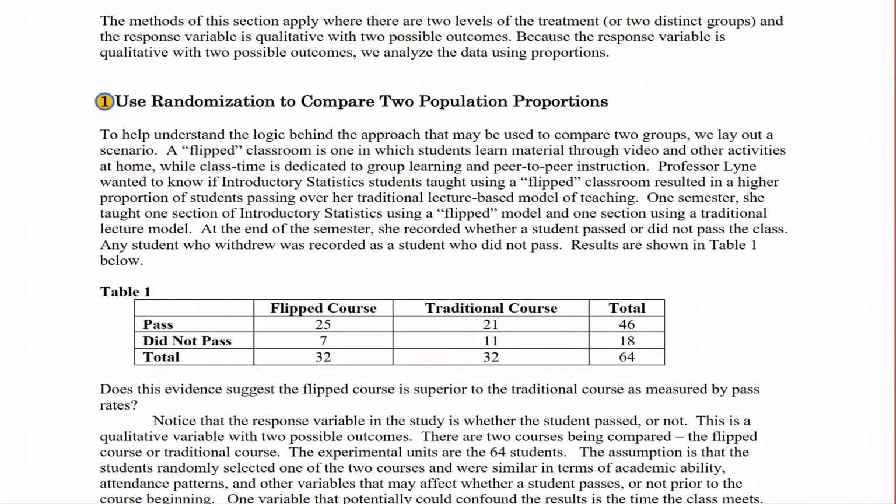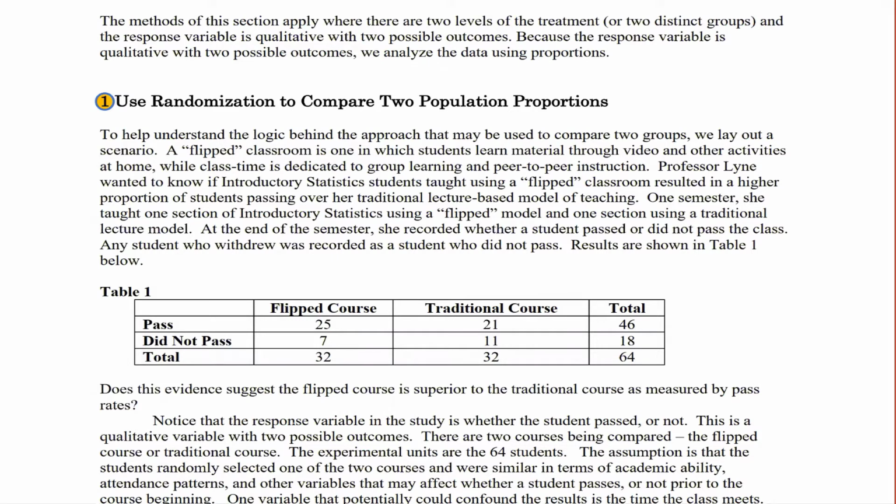So one semester she taught one section of intro stats using the flipped model and one section using a traditional lecture model. At the end of this semester, she recorded whether a student passed or did not pass the class. And then finally, any student who withdrew was recorded as a student who did not pass.